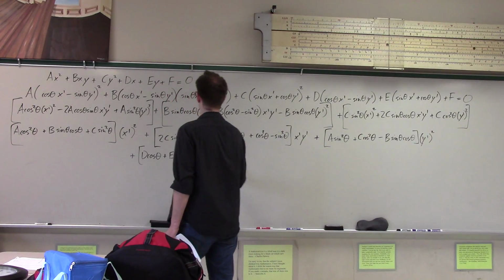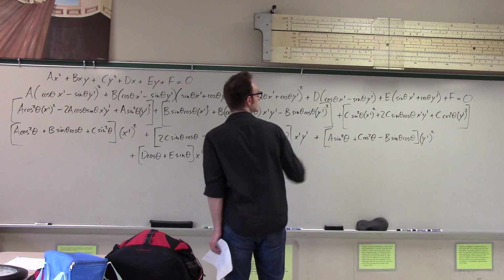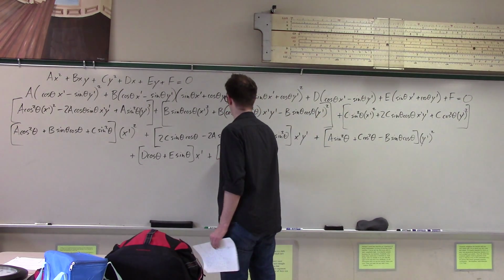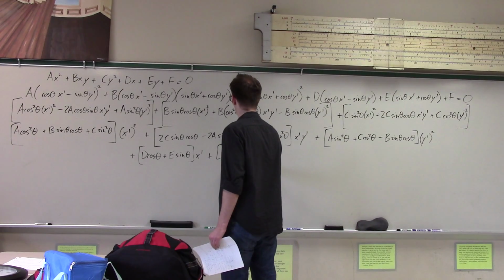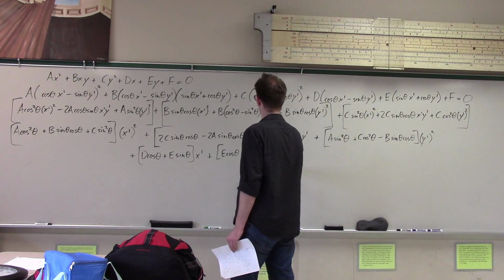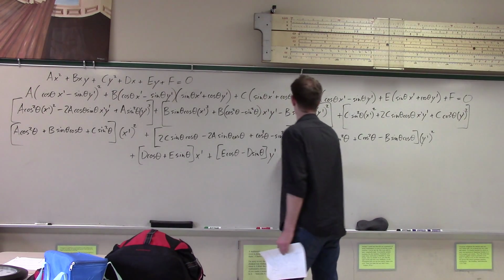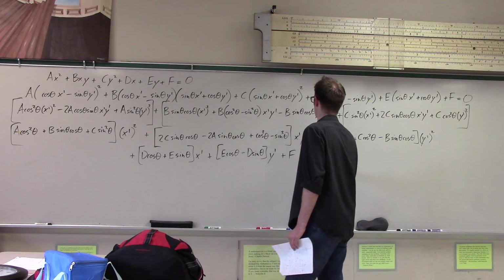X prime plus y prime terms are e cosine theta minus d sine theta, and then plus f equals 0.